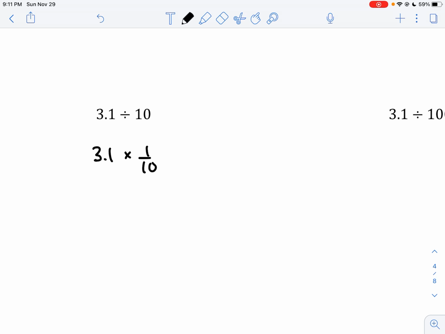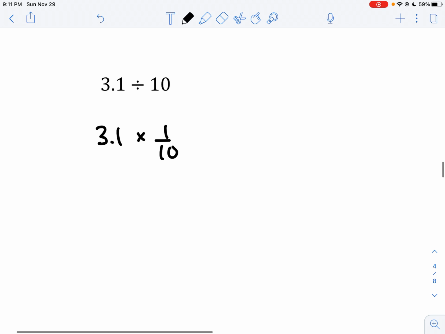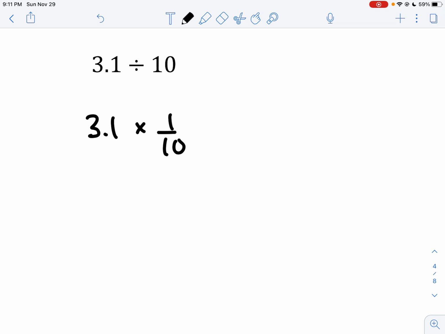And we justified that was the case for both partitive and quotative meanings for division, but now we're putting those meanings aside and just doing the rules for operating with fractions. So dividing by 10 means to multiply by 1/10. And so now we're going to do 1/10 of 3.1, or you can think of this as 3.1 copies of 1/10. So whether you think of the 1/10 as the multiplier or the multiplicand, it won't matter.